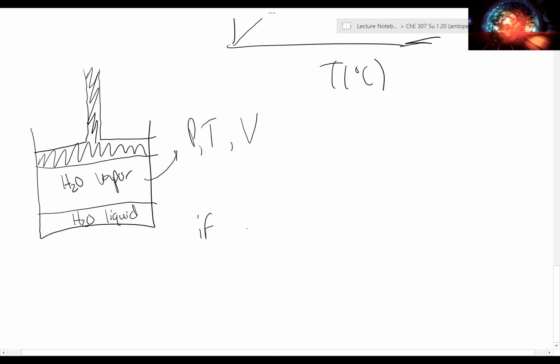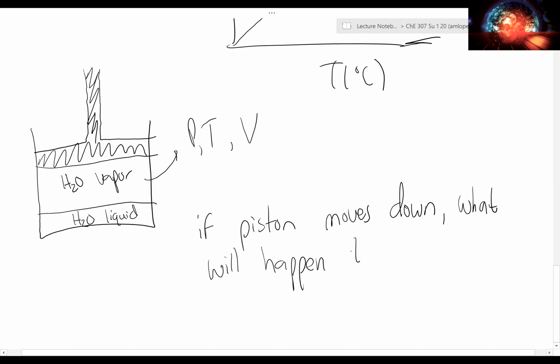And if the piston moves down, what will happen to the system? So what are the implications of moving that piston down and decreasing that headspace above the liquid?